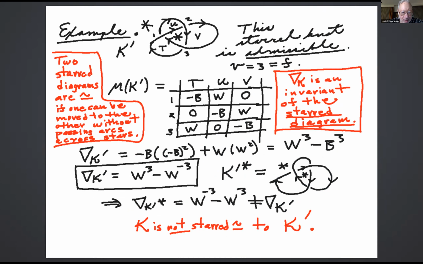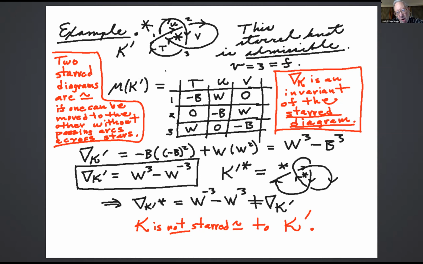And that tells you that it's chiral, because when you substitute W to W inverse, you get a different result. And this is a special diagram. This is admissible. The knot is allowed to move, but it's not allowed to move over the stars. So it's an object in a different space. You can interpret this as being in a handlebody, if you like, where you've drilled holes in the thickened plane.